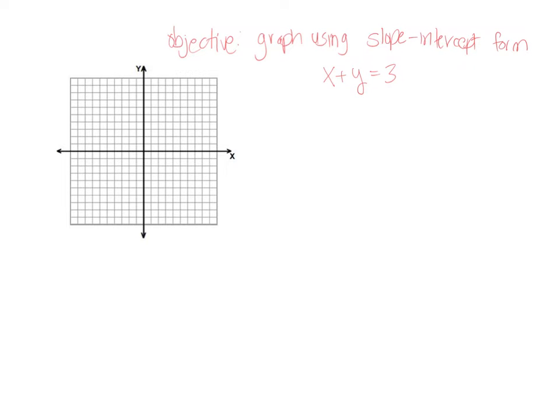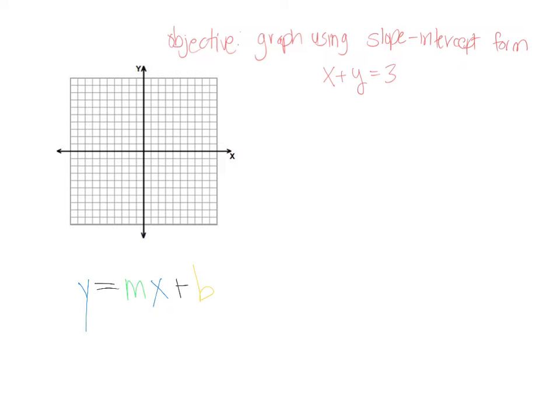And so if we remember, slope-intercept form is y equals mx plus b.